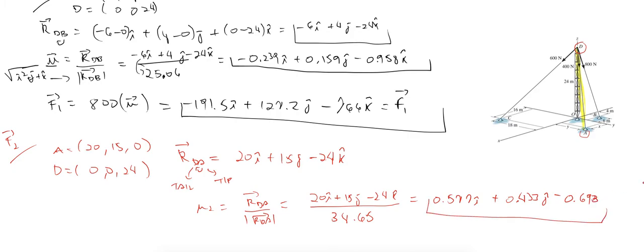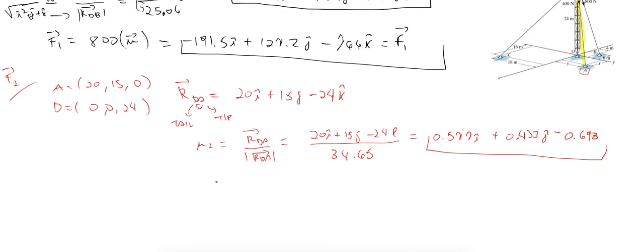Awesome. So now we can calculate F2, right? F2 is going to be the magnitude 400 times the unit vector, which turns out to be 400 times 0.577, which gives us 230.8 in the I direction.